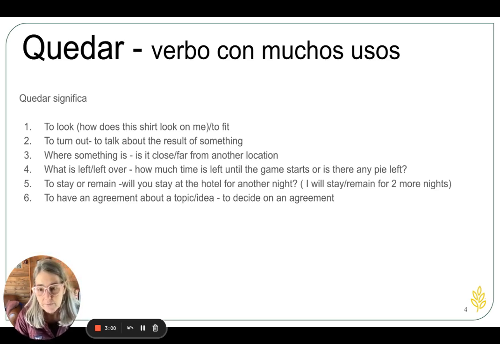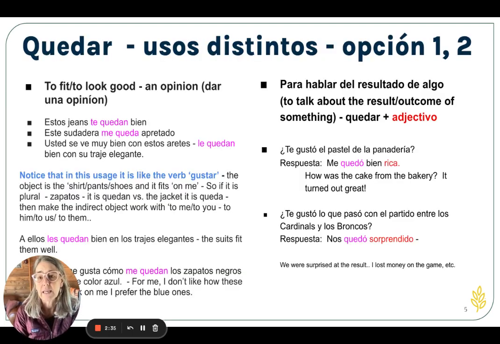It is close, or it is far from the supermarket. It is the verb to stay or to remain. How long are you going to stay on your vacation? Will you stay in the hotel for another night? That sort of thing. And it is also used in the context of an agreement. So you decide, you agree on something, or you don't agree on something. The verb quedar is used in that case.